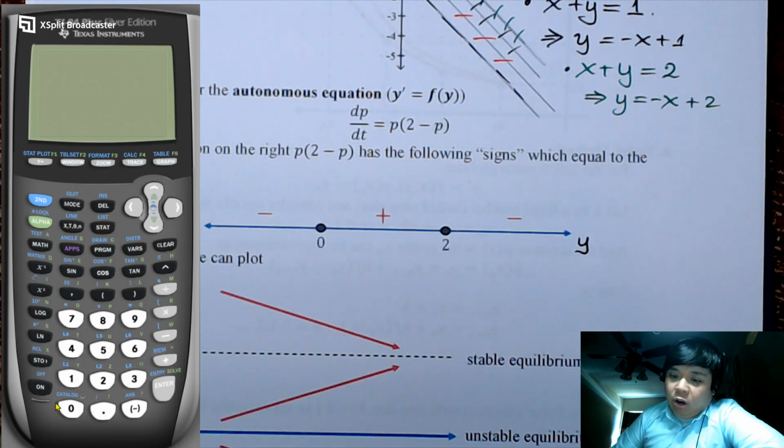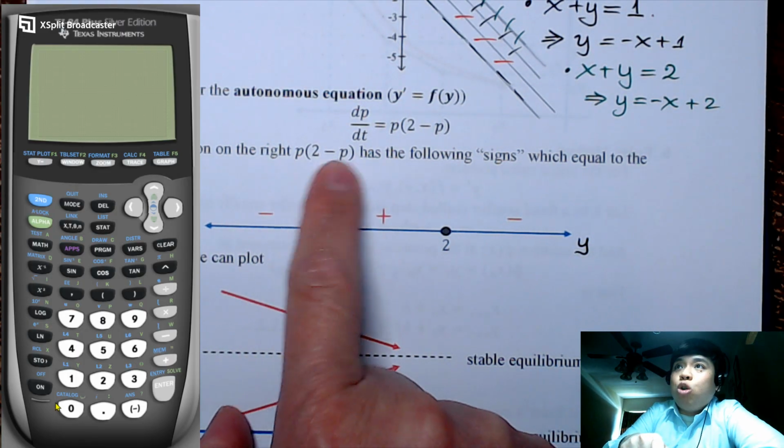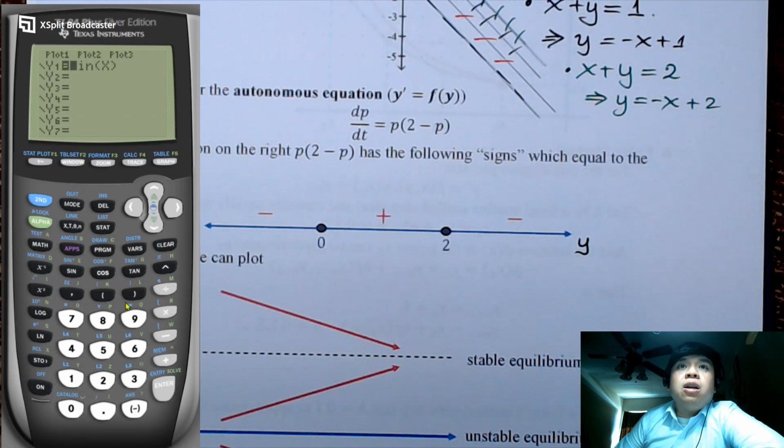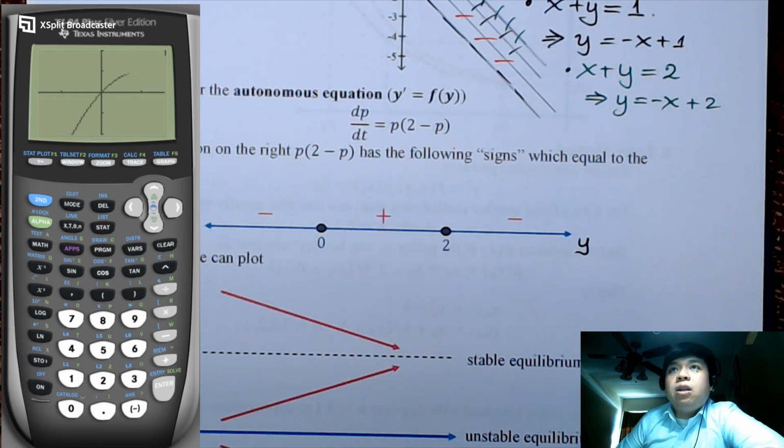Okay, so I'm going to graph x times 2 minus x. Okay, I need to change it a little bit.